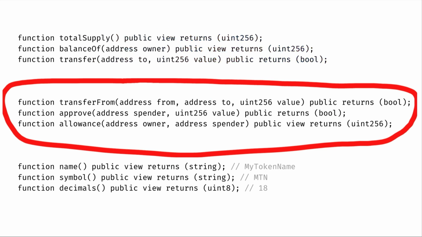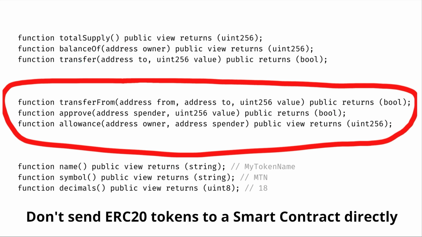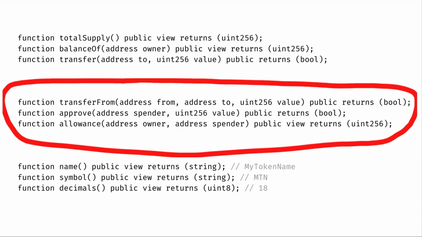But now we are in Ethereum, and of course we want smart contracts to be able to use these tokens. So can I not send an ERC20 token to a smart contract with the transfer function? Well, yes you can, but this is a common mistake people make. Don't send your ERC20 tokens to a smart contract directly, please. This is how people lose their money all the time.